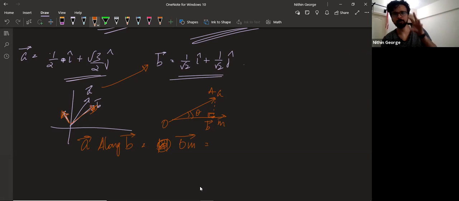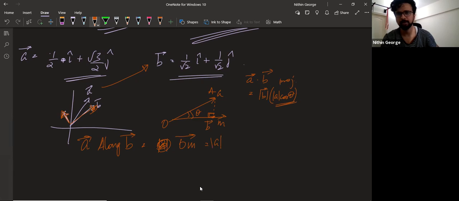It's the projection of A on B. We know that A dot B is mod B into the projection of A on B. Are you following? So this is the projection of A on B.